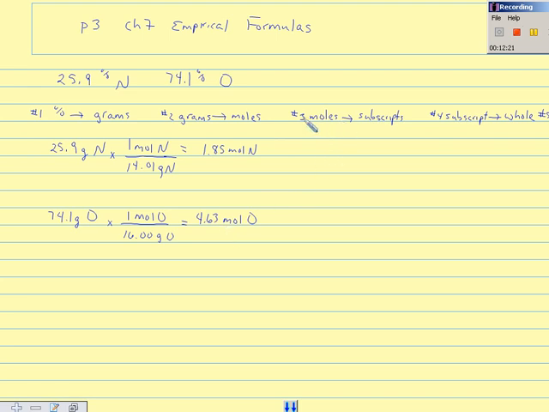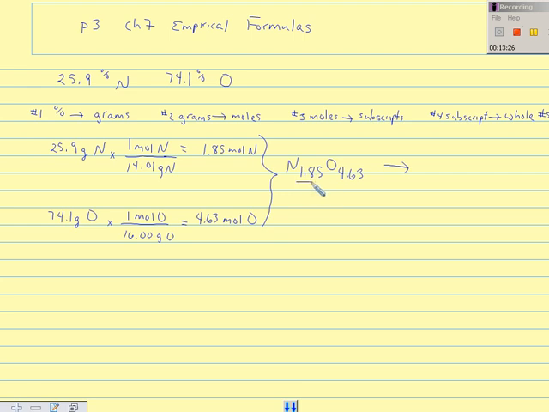Now, we're ready to convert the moles to the subscripts, so we're going to take both of these, and we have N 1.85 O 4.63. We have to do the next step, which is converting the subscripts to whole numbers.